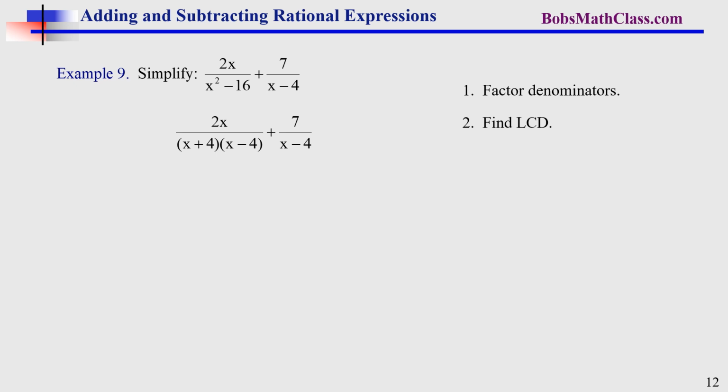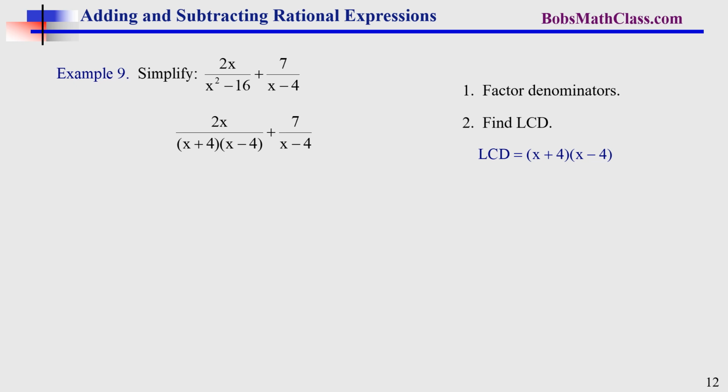Another way of saying it is it's each factor to the highest exponent. So it's an x plus 4 and an x minus 4. There's only one x plus 4, and each one has an x minus 4, but each of them has it only to the first power. Okay, so there's our LCD.